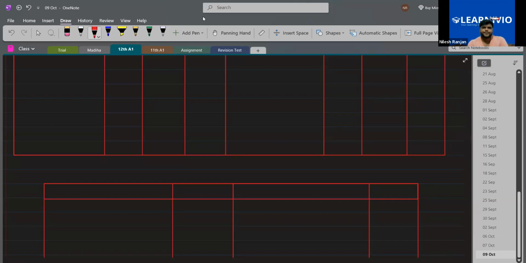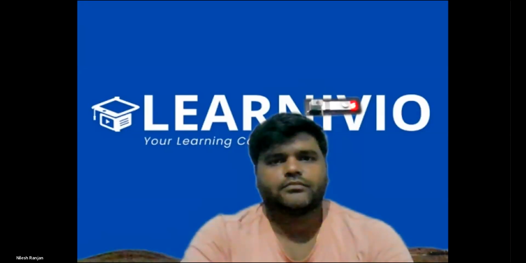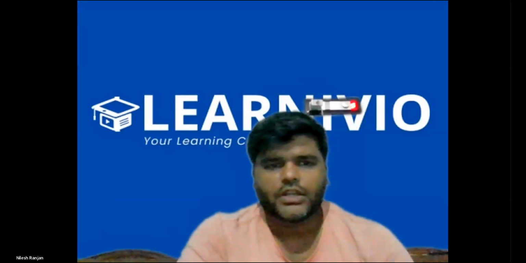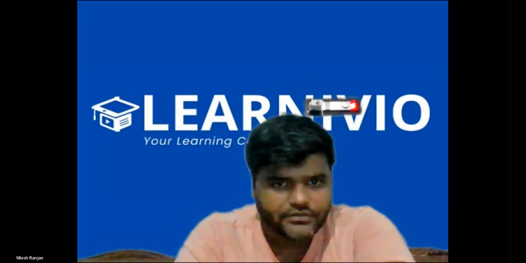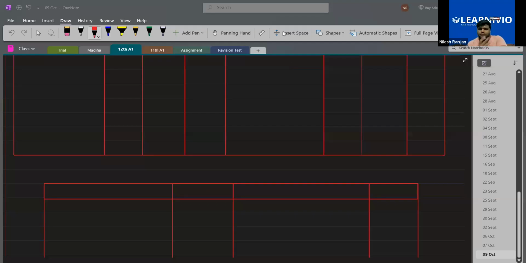Okay. Actually, it's raining today here, that's why maybe some loading problem. But my internet connection speed is showing in Mbps, so it is showing very good network right now.